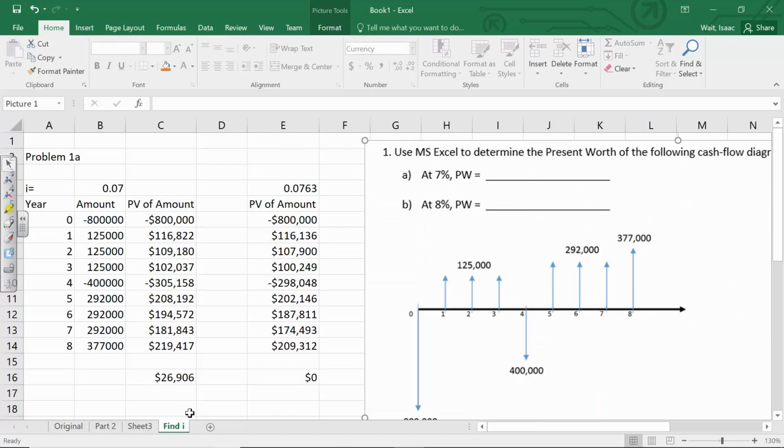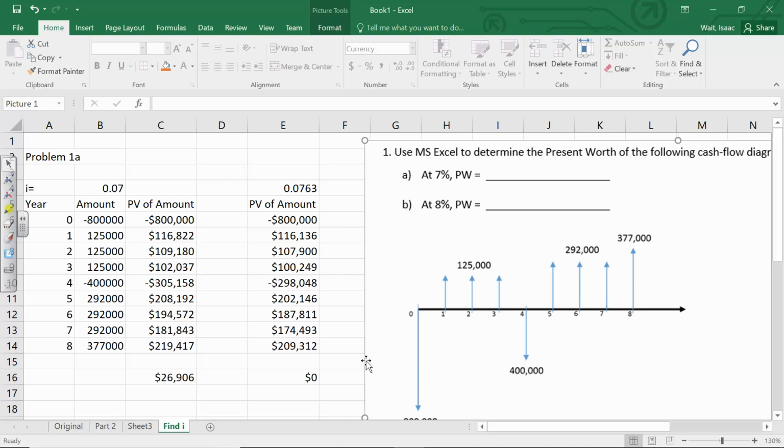The other way is if your company's MARR is 8%, but this has an internal rate of return of only 7.63%. 7.63 is less than 8, so therefore the project is not acceptable. So those are just two sides of the same coin, a different way of looking at the same thing: this project isn't yielding 8%, and if that's your minimum, this project isn't for you. Does that make sense to everybody?